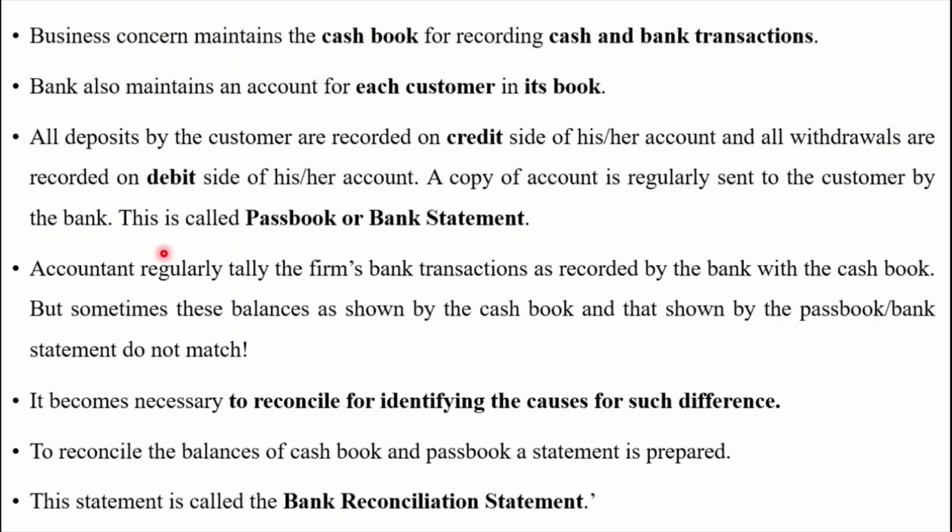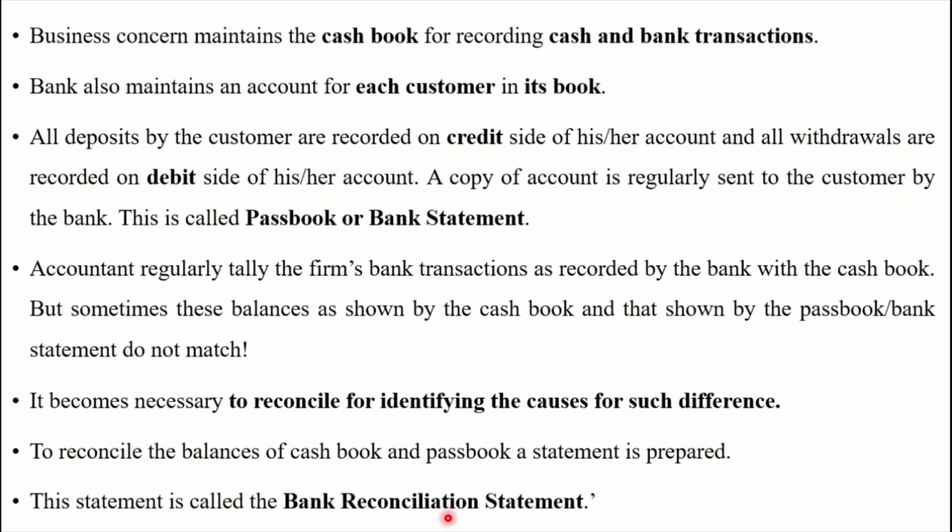And for that purpose, bank reconciliation statement is prepared. A bank reconciliation statement is the statement prepared to reconcile the difference between the balance as per the bank column of the cash book and the passbook on any given date. That is meant by the bank reconciliation statement.